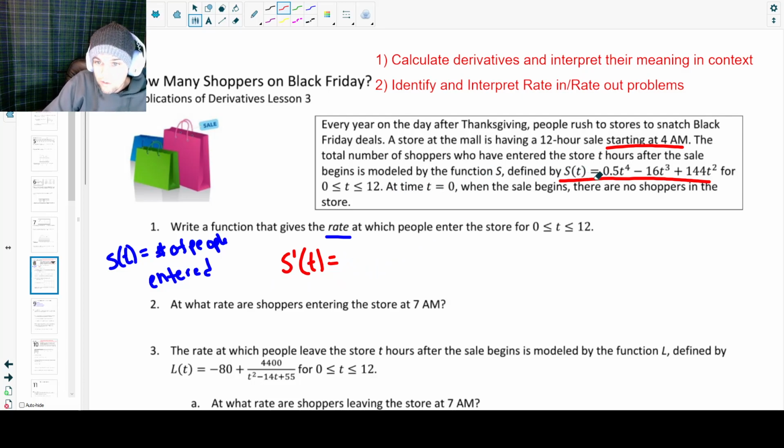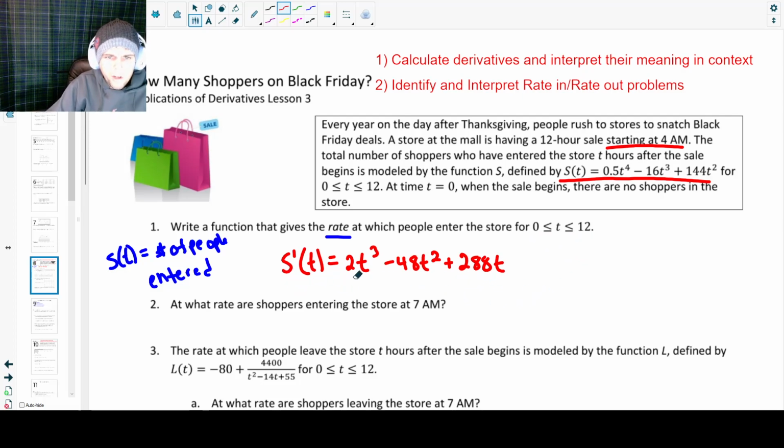So taking this derivative here, we're going to get 4 times a half, that is 2t to the third, minus 3 times 16, that's 48t squared, plus 2 times 144 is 288t. And so that is our derivative function, again restricted here between only 0 and 12 hours for t.